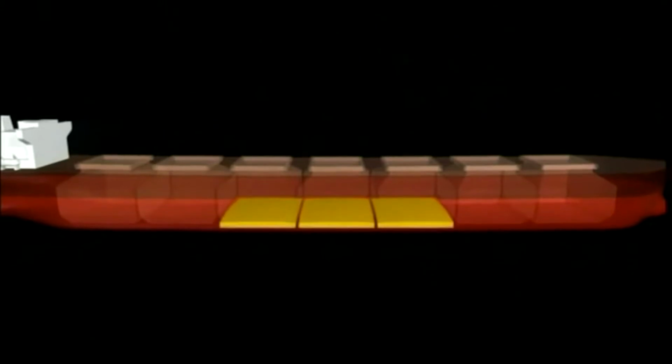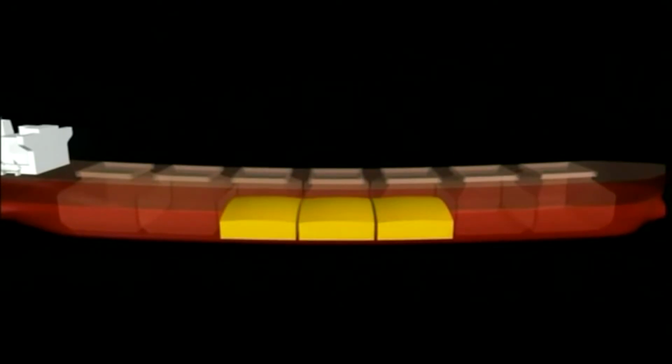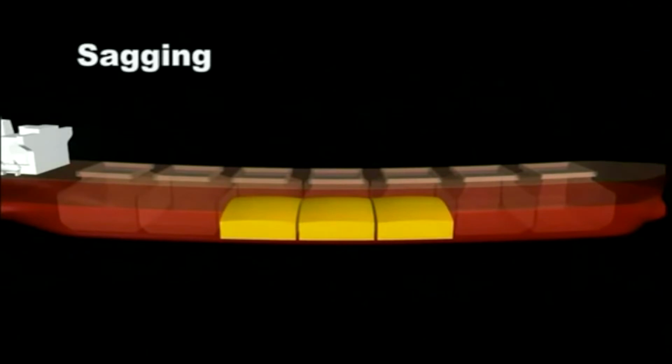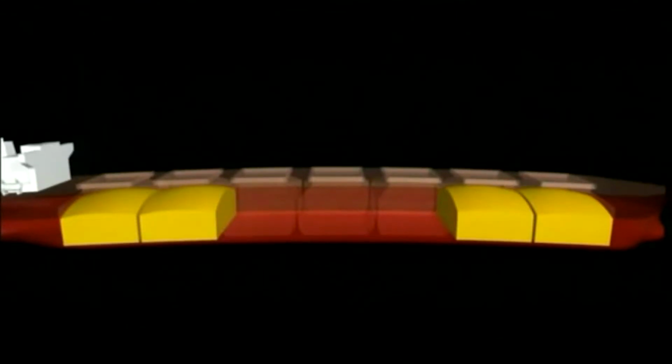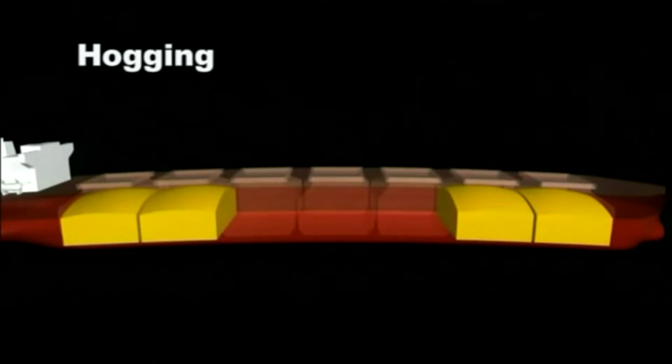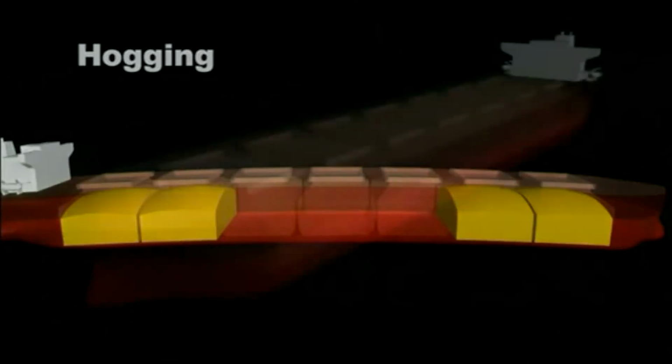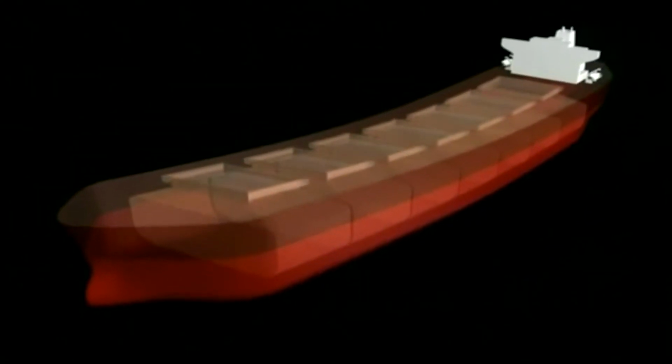A bending moment is a force that bends the vessel along its length. If weight is concentrated in the middle of the ship, bending of the structure will cause sagging. And if weight is concentrated at opposite ends of the ship, this will result in hogging. At sea, the ship is subjected to a continuous cycle of these varying forces and the changing wave pressure acting on the hull.